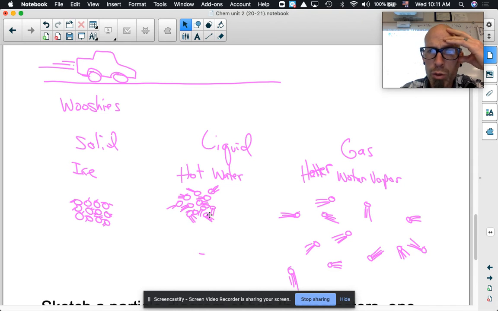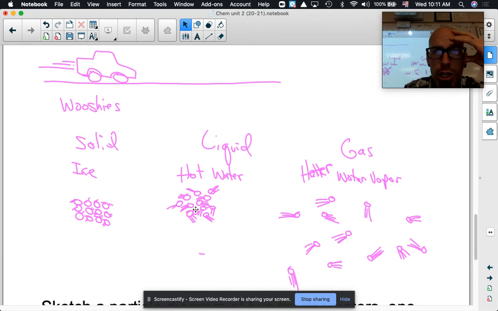If this was really cold water, then it's not going to be that much warmer than the ice. And so you may not have that much difference in how much speed they have, but their structure would be apart. They'd no longer be in an organized structure, and they would have the ability to kind of slip and slide past each other.